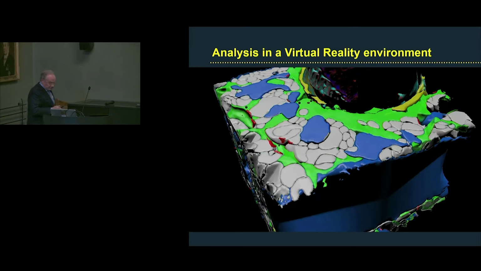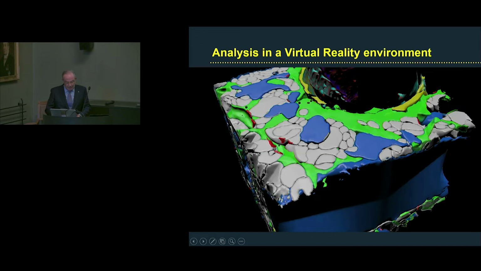This is actually something that was done at KAUST with a really amazing facility called the Cave, with the help of a computer visualization group, where you can transform all this information into a 3D virtual reality environment. So in a way, you can take a stroll into this volume of cortex.